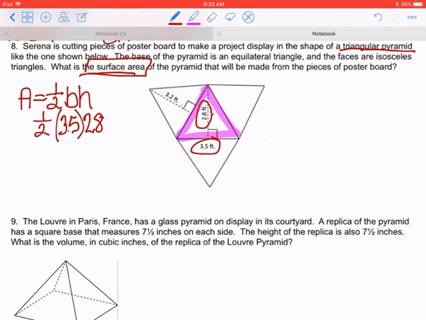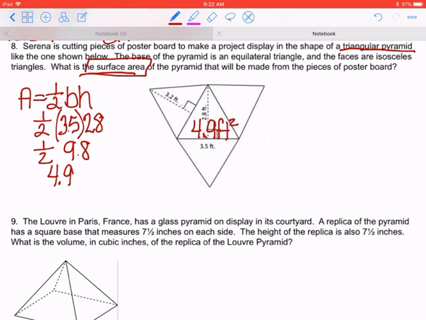If I multiply 3.5 and 2.8, I get 9.8. When I divide that by 2, I get 4.9. So I'm going to label my base as 4.9 feet squared.